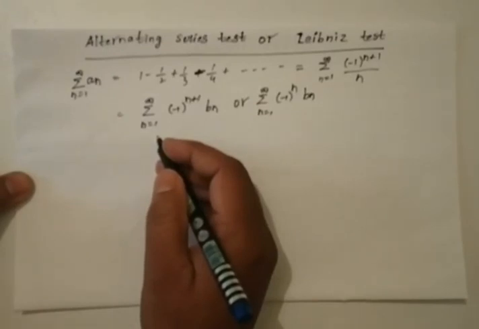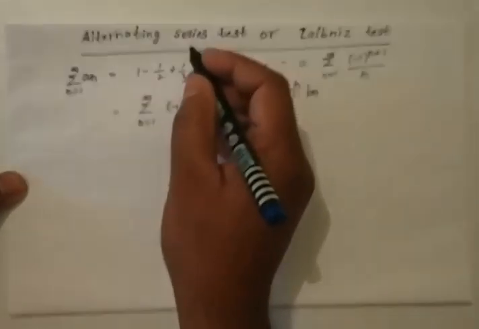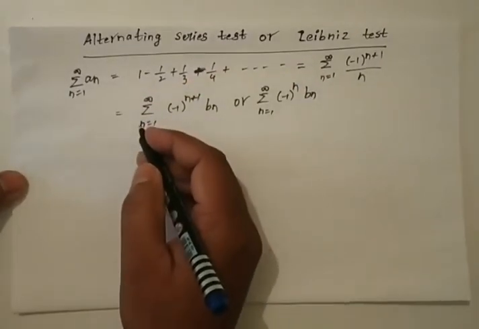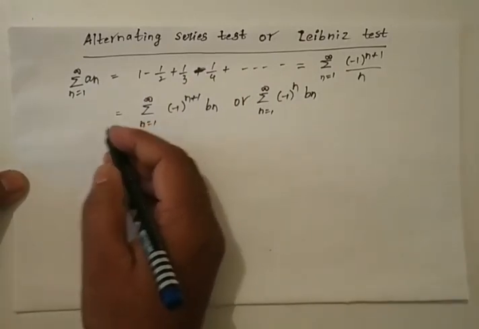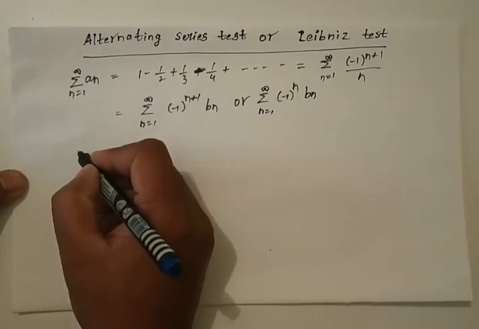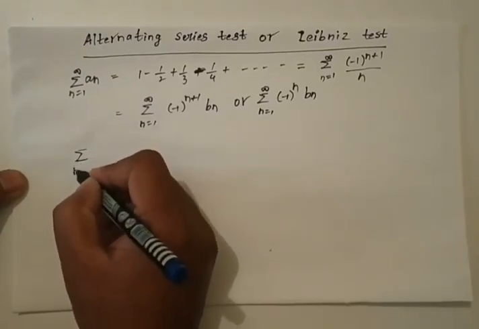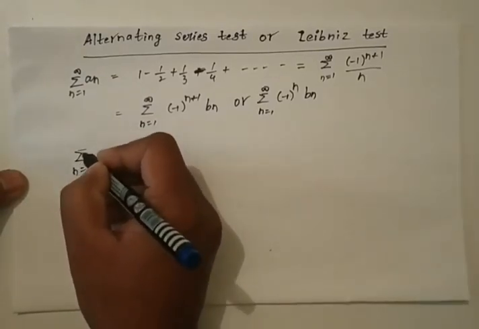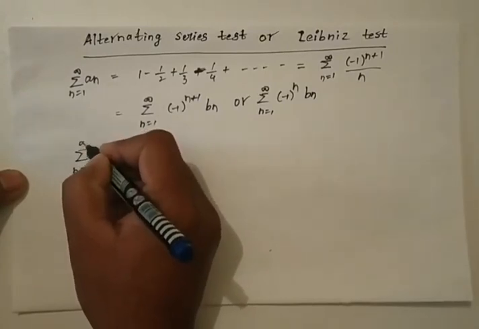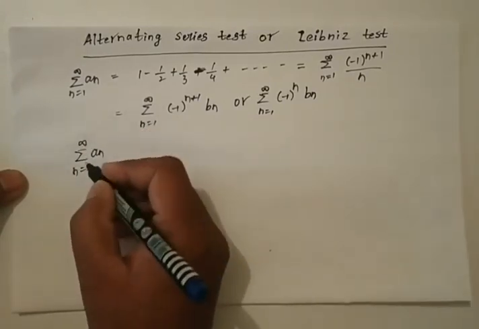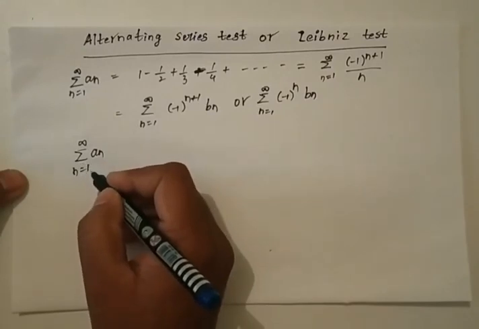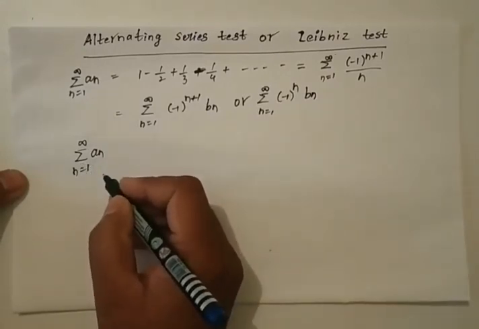Now let us discuss the alternating series test. For this we need to consider a series, summation n equals 1 to infinity of an.